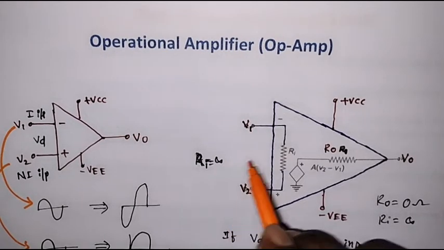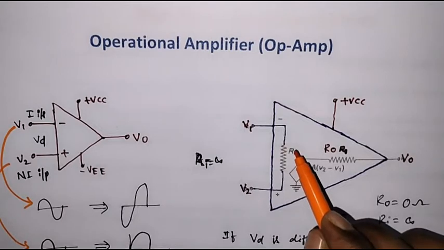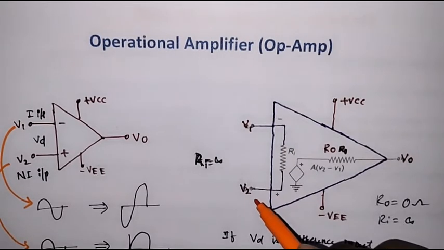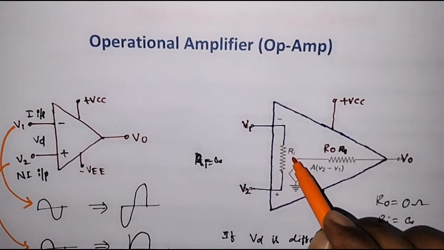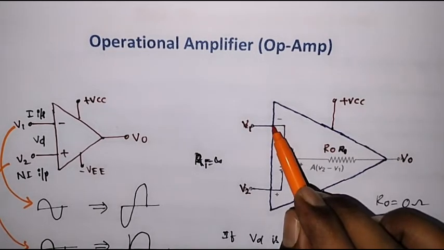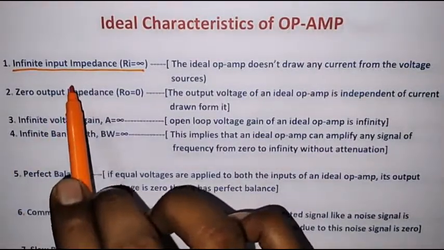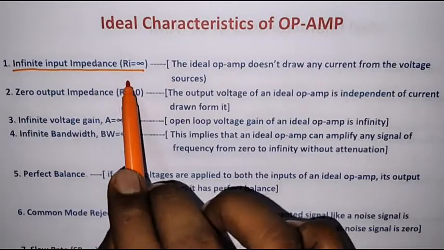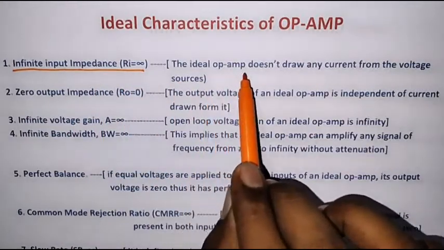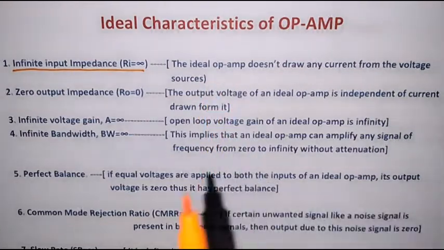It means that it does not allow the current to flow from V1 towards V2. Because of very high input impedance, no current draws or flows from terminal 1 to terminal 2. Therefore, the ideal op-amp has infinite input impedance. That is, the ideal op-amp does not draw any current from the voltage sources.